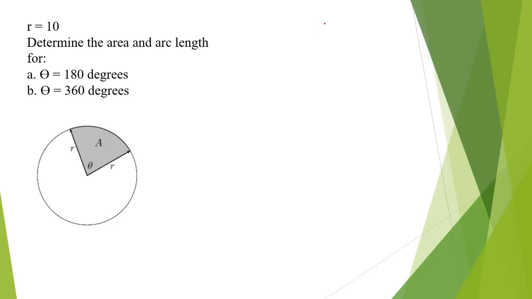So, we will have two columns to determine the corresponding area, where the area is equal to 1/2 theta r squared. And for the arc length, we have theta r.